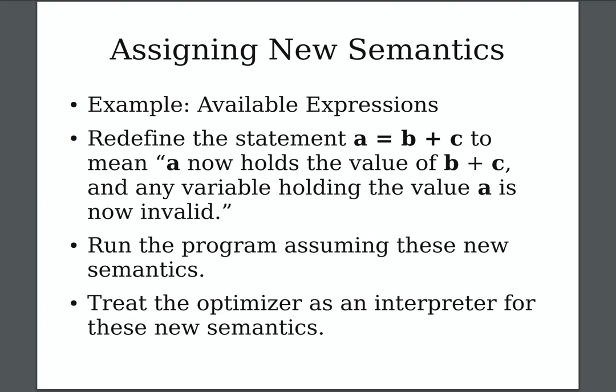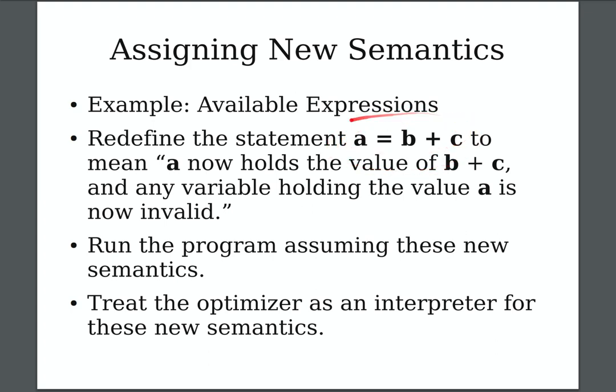So once we redefine the semantics of our language, and all that just means is we reinterpret how we process these statements, we reinterpret the meaning of the statement, and then we, in a sense, run the program under these new semantics. So we can think of this program analysis as being a kind of interpreter for the language, where the operation of this statement is different.